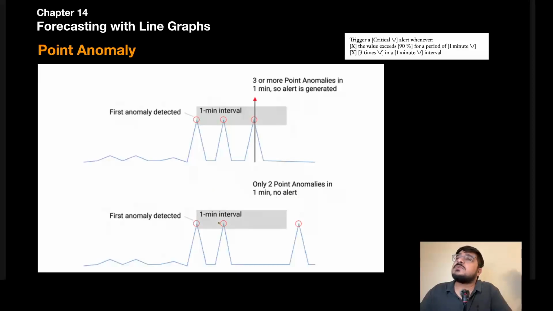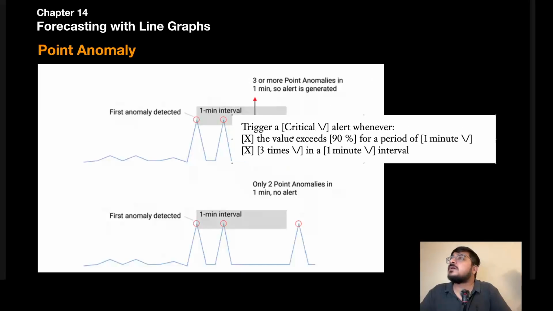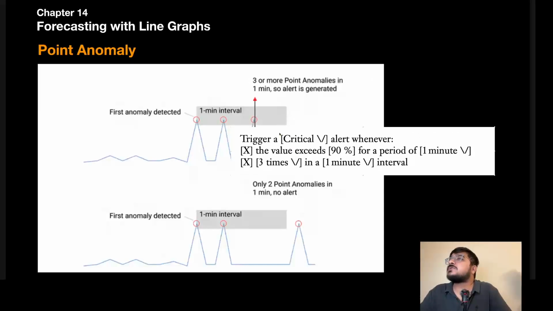For this you can also write a condition. The condition could look like this: trigger a critical alert. This is a drop down, so you can swap the condition over here. These are checkboxes, so you can select any condition. Trigger a critical alert whenever the value exceeds 90% for a period of 1 minute.